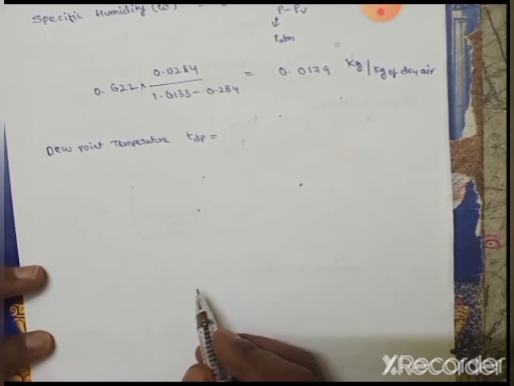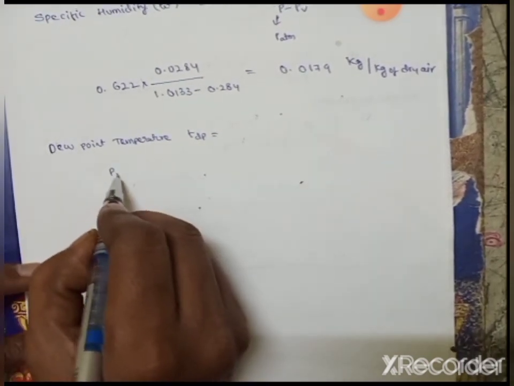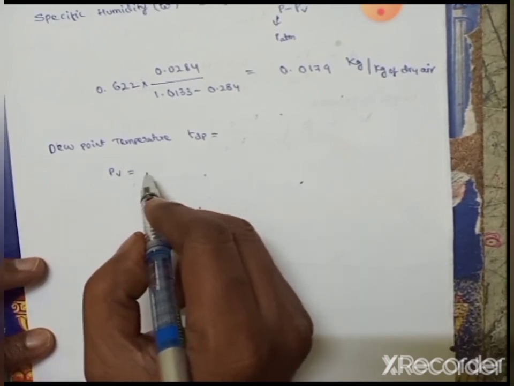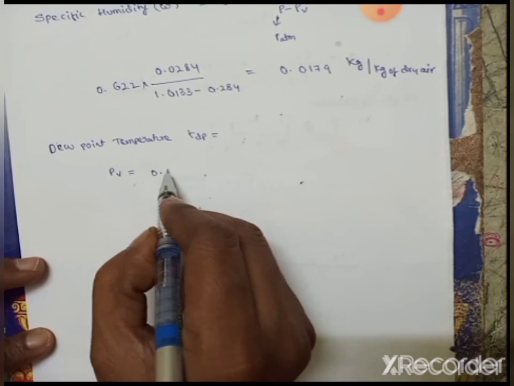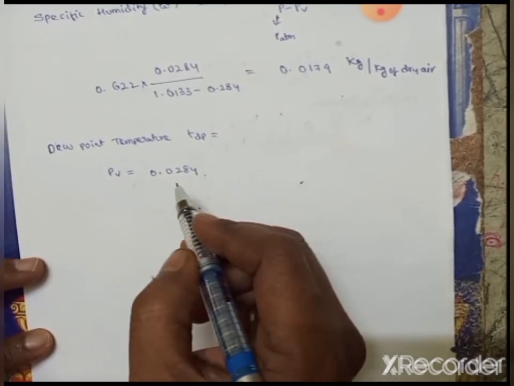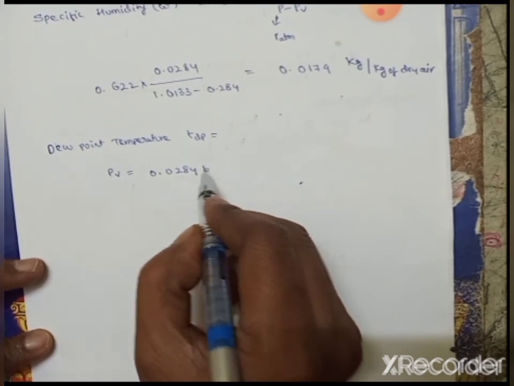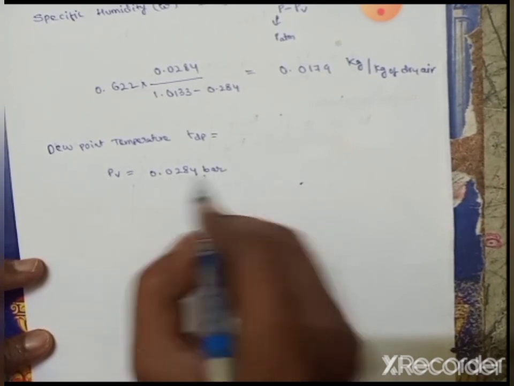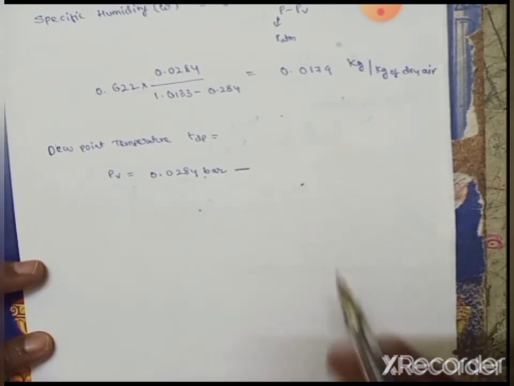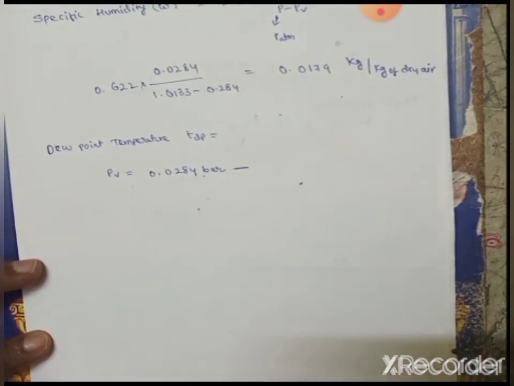The partial pressure of water vapor PV is 0.0284 bar, and the temperature corresponding to this pressure is the dew point temperature.